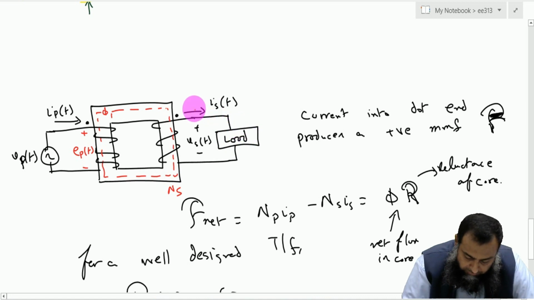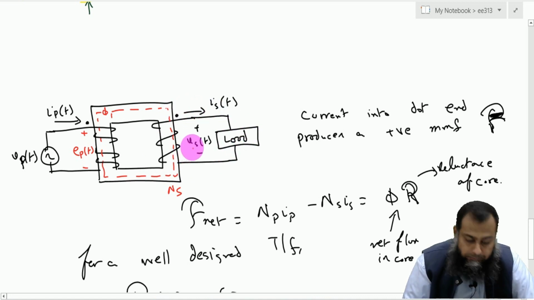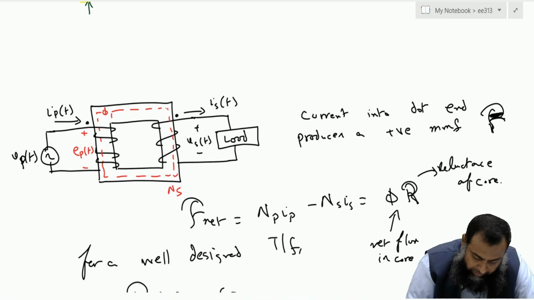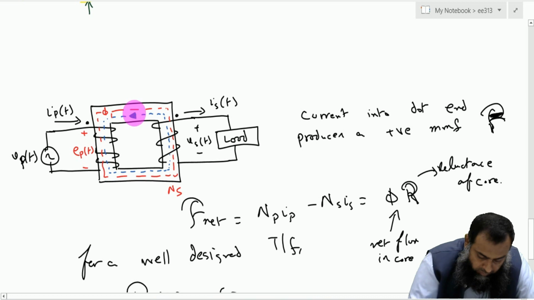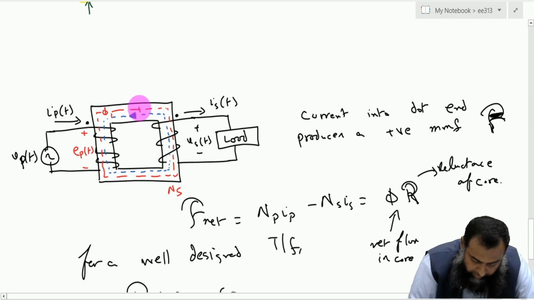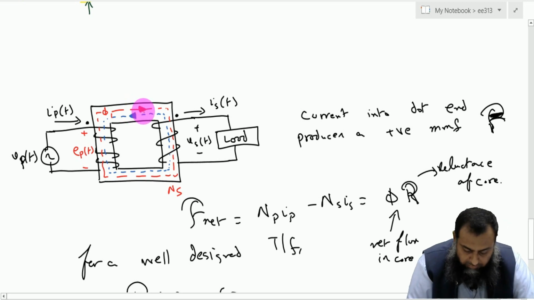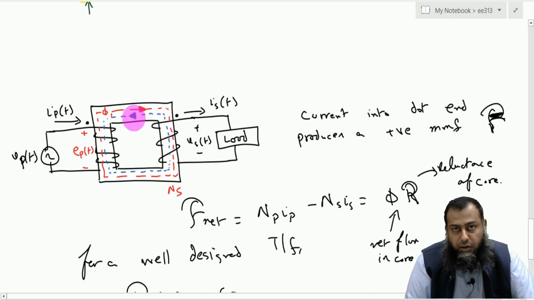Now because we have a flow of current in the secondary winding as well, this secondary winding will develop its own flux which will try to oppose the original flux, because its direction is on the opposite side. So we have the original flux flowing in a clockwise way, whereas we have the counter flux produced in an anti-clockwise way.